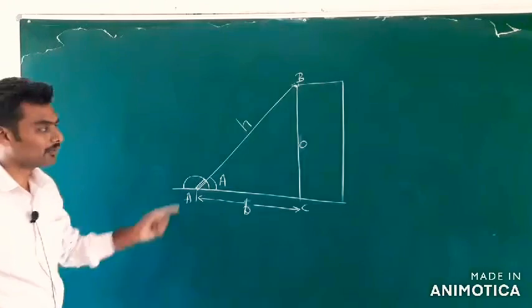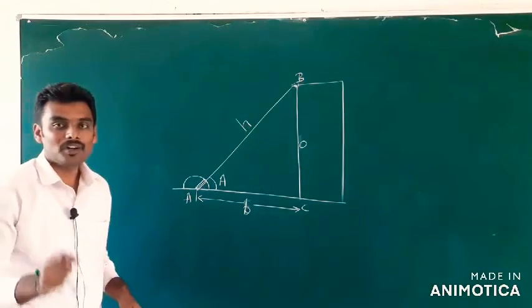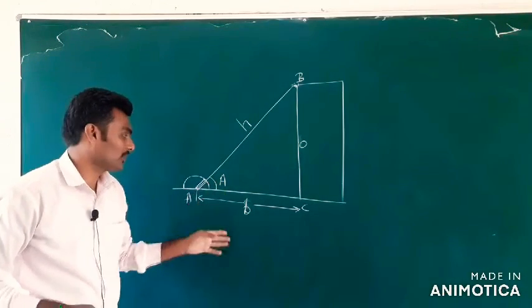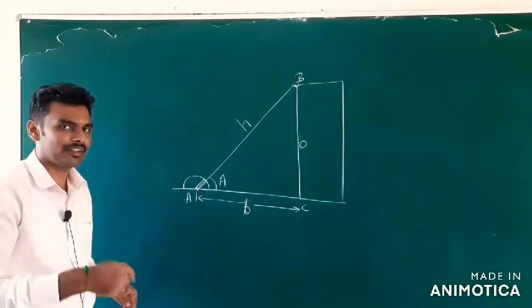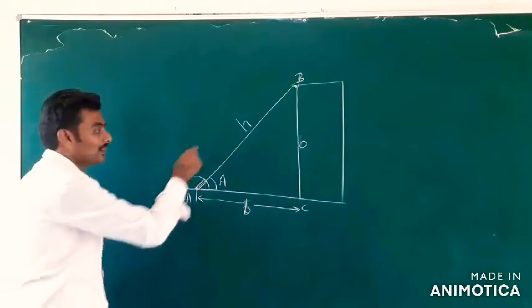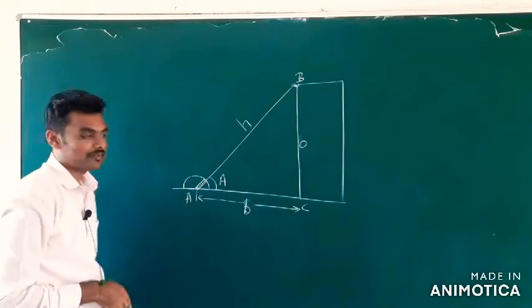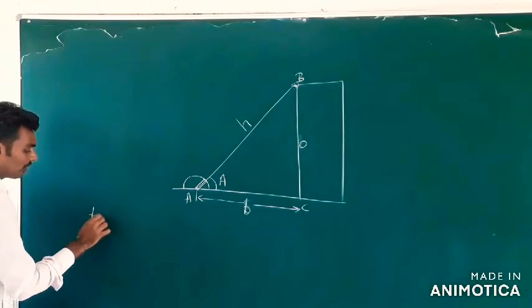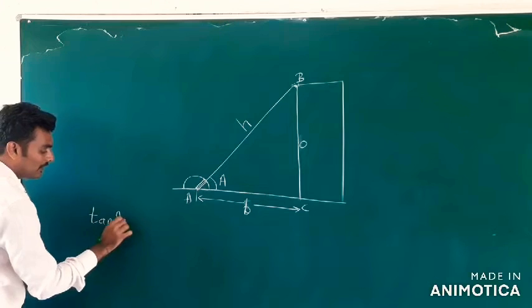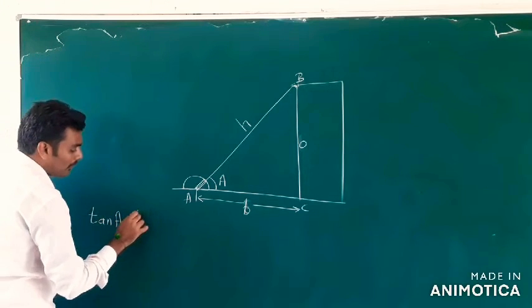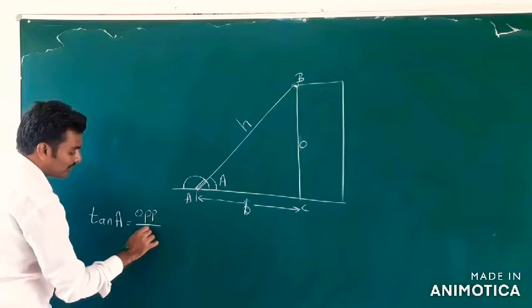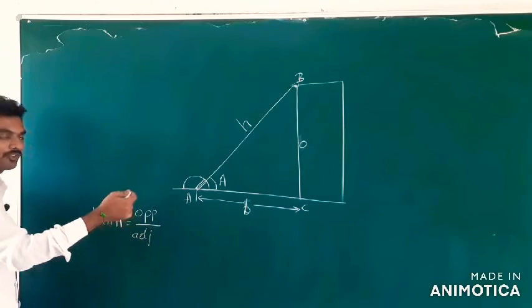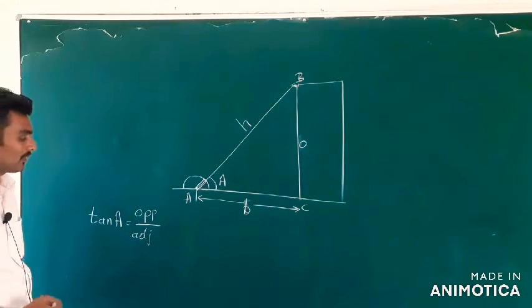So now from this triangle, what is tan theta? Sorry, what is tan A equal to? So in this triangle, what is tan A equal to? Okay, you all know very well tan A is equal to the opposite side of the triangle by the adjacent side of the triangle, or opposite by base, right?